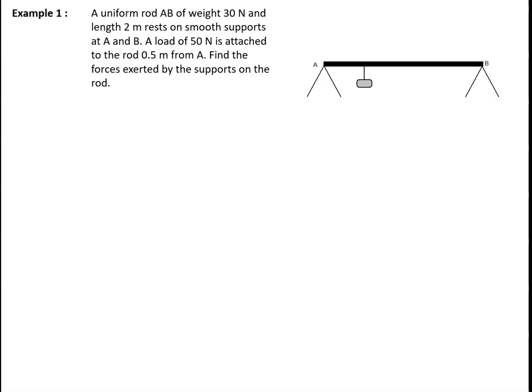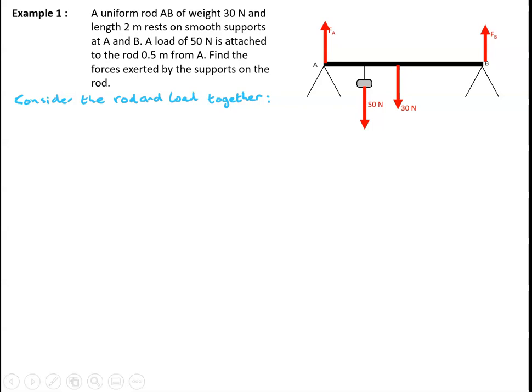We're going to start off by drawing a force diagram for the system consisting of the rod together with the load. So we've got the weight of the rod, the weight of the load, and then the reaction forces at A and at B. And we will add the important dimensions onto the diagram.